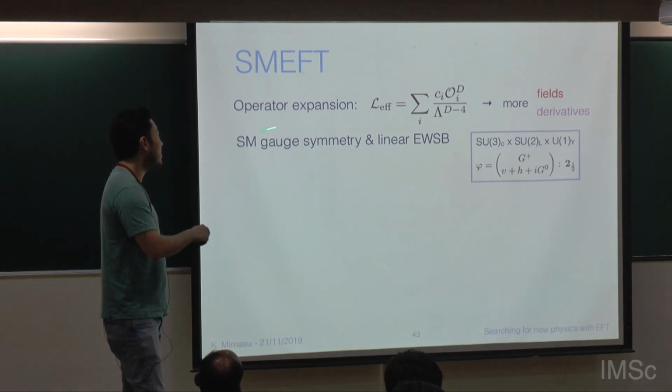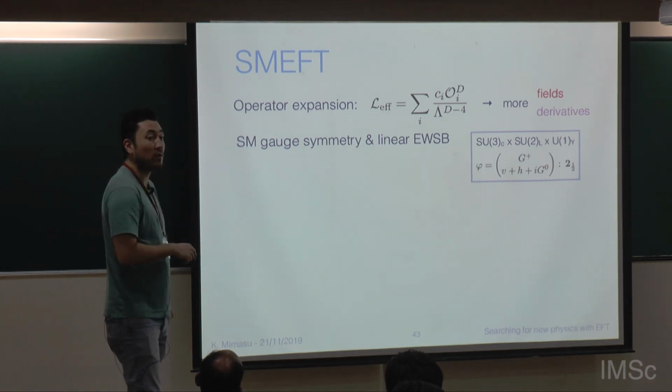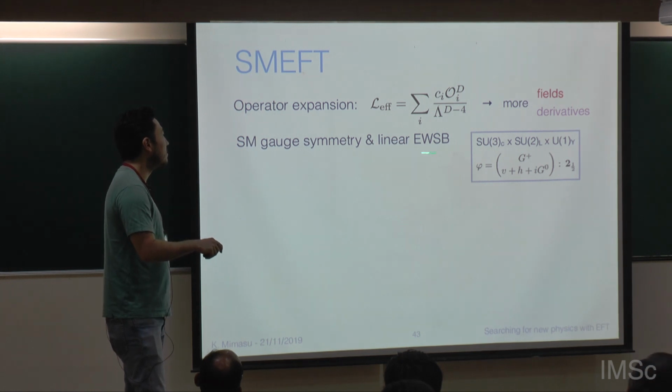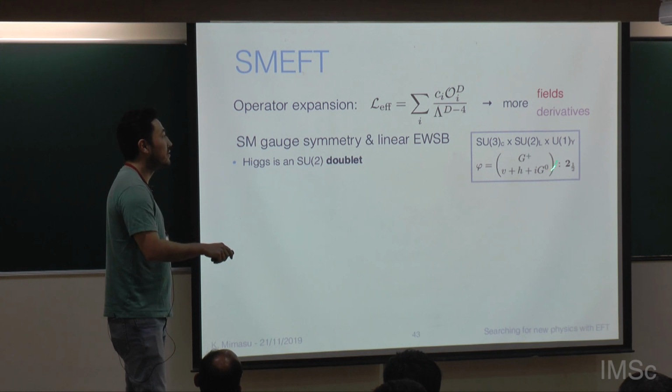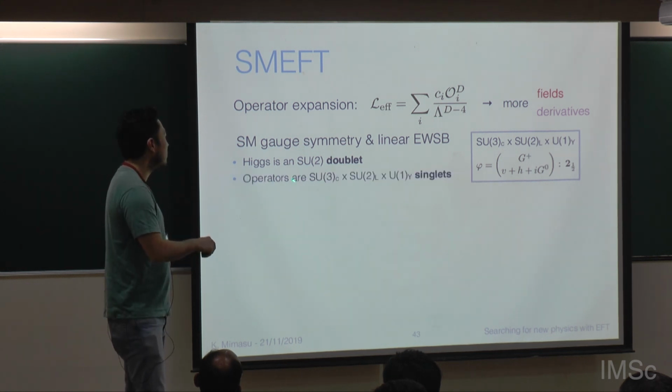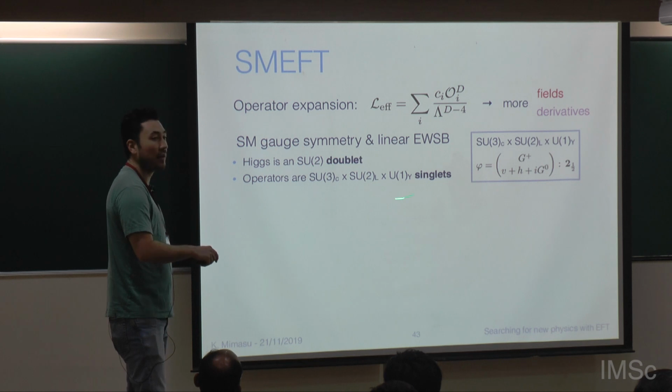What you have to respect this time is the gauge symmetry of the standard model, which includes the idea of a linear electroweak symmetry breaking, which just means that the Higgs is really a doublet representation of SU(2). And of course, for the standard model gauge symmetries, it means the operators themselves have to be singlets under this entire gauge group.